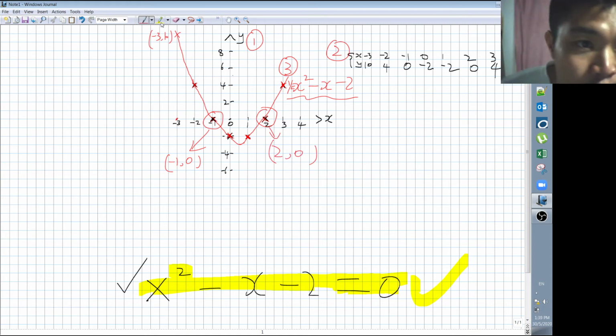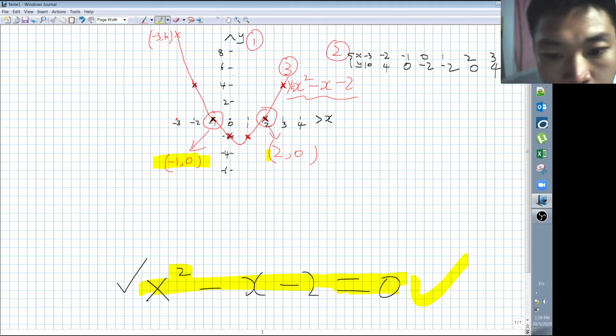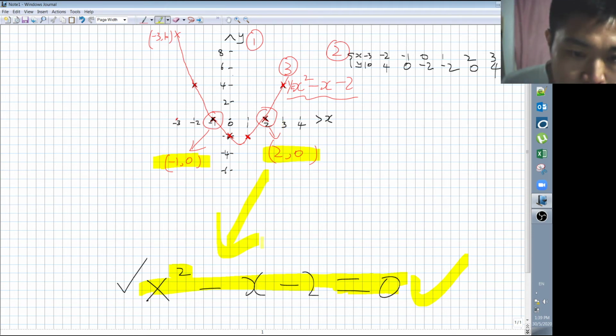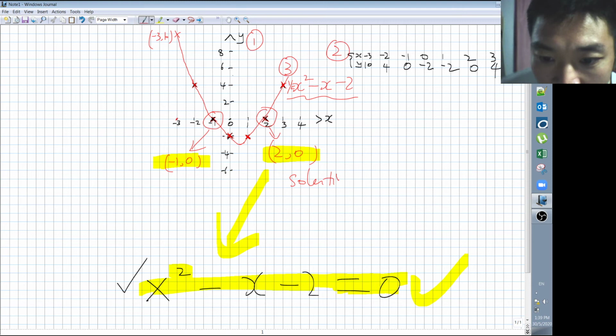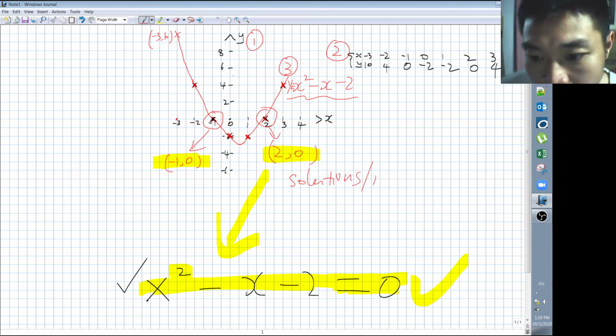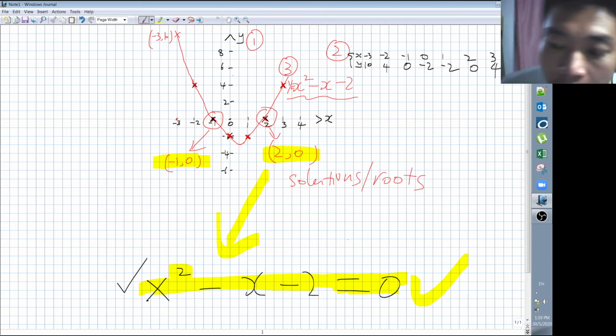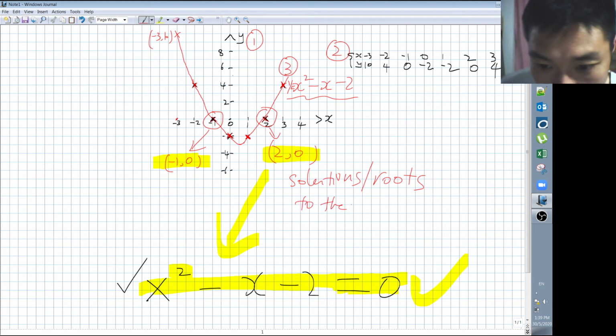By the way, these two are the solutions to this quadratic equation. Sometimes they call it solutions, sometimes they call it the roots of the equation. They mean the same thing, both solutions and roots.